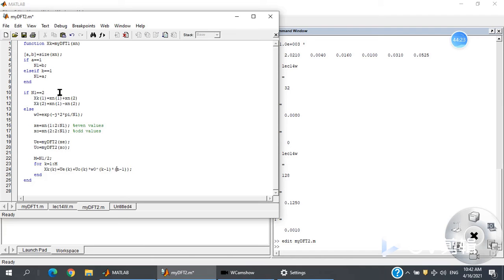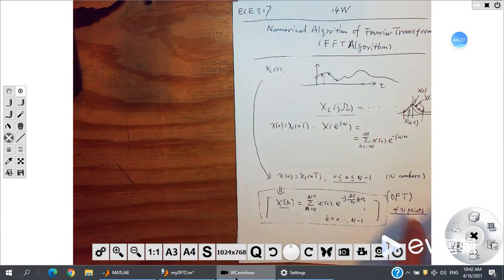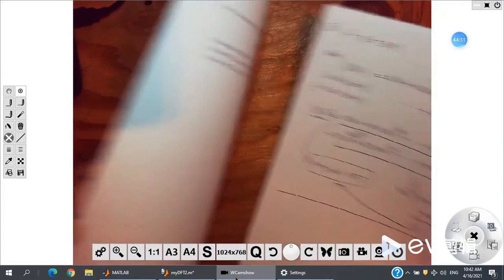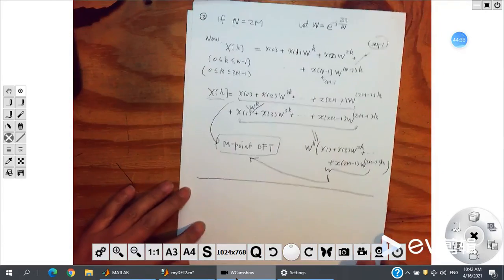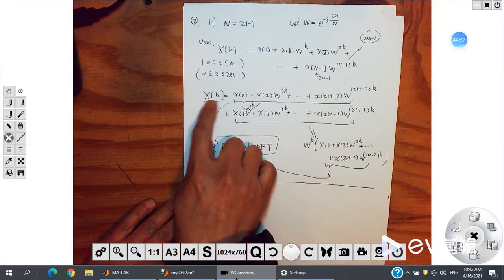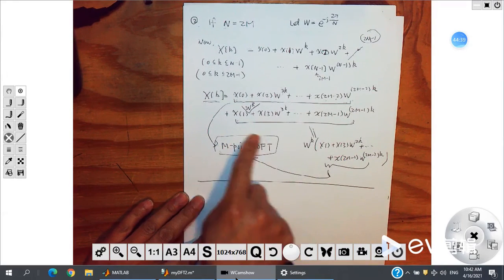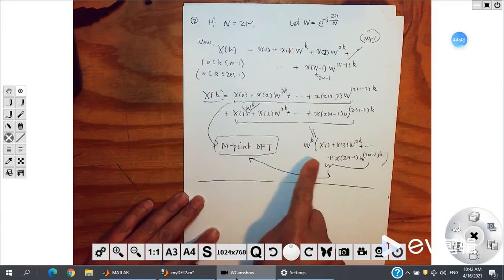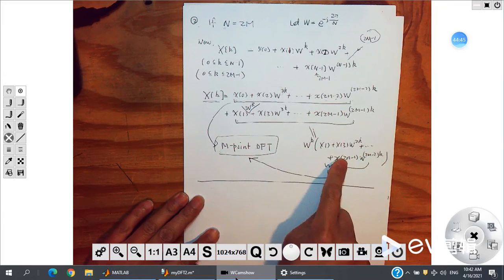I don't need n. Let's check the formula. What is the formula here? When I separate them, it will be here, right? So Xk is equal to the half point, this is the even part, this is the odd part, times Wk.